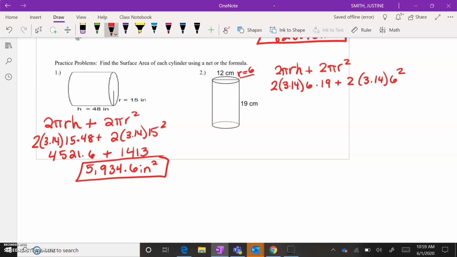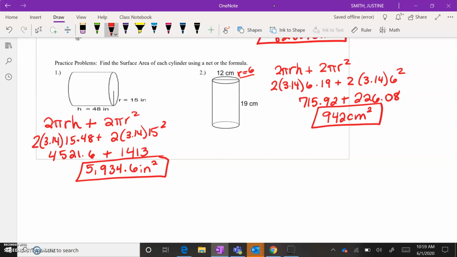So if I type that in, 2 times 3.14 times 6 times 19 gives me 715.92. And then 2 times 3.14 times 36 is 226.08. So add those together, and you get 942 centimeters squared.